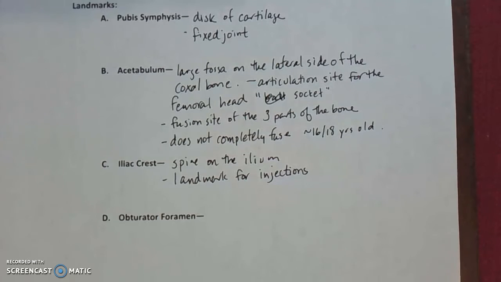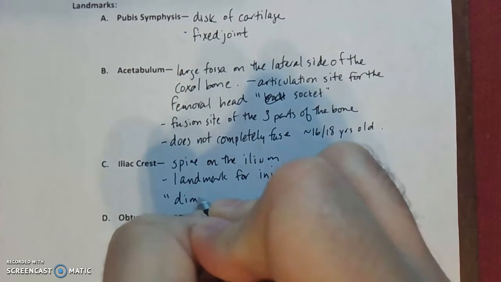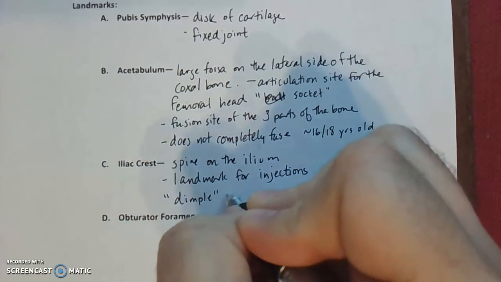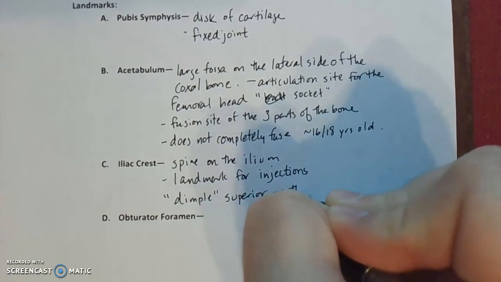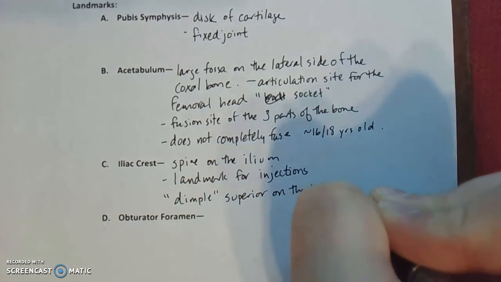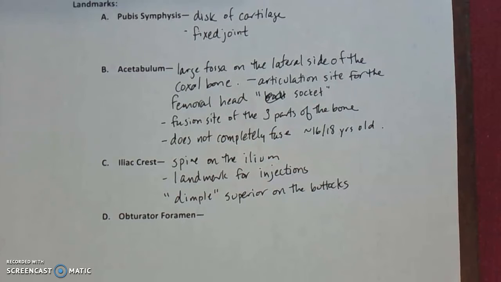If you're really skinny, you might even see this on somebody. And this corresponds to a dimple that can be found superior on the buttocks. In people that are not overweight, you might see this as a dimple or an indentation. So that is the iliac crest.